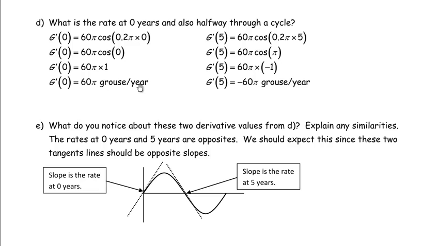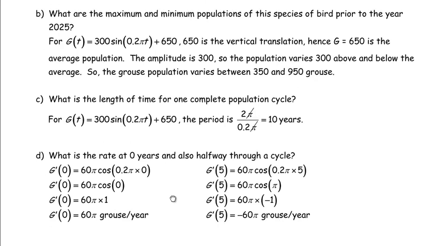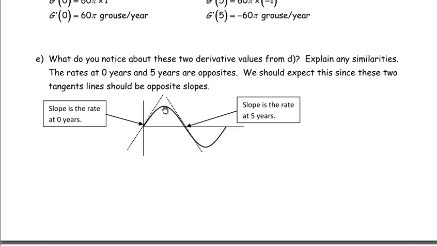Question E asks, what do you notice about these two derivative values from D? Explain any similarities. Notice that they are just the opposite of one another, 60 pi and -60 pi. You should expect that because the original function was a sine function, an untranslated horizontally sine function.